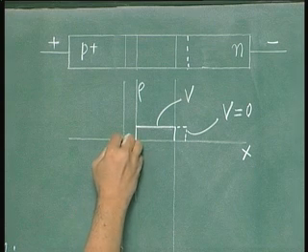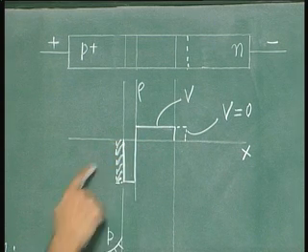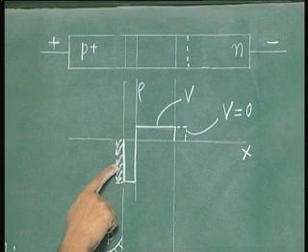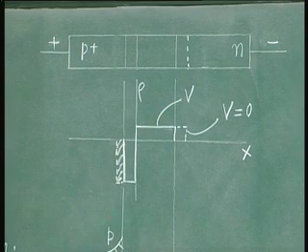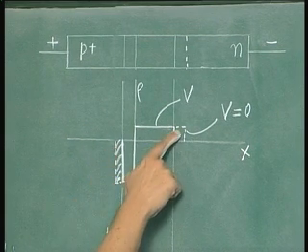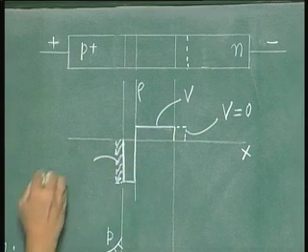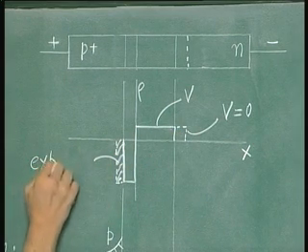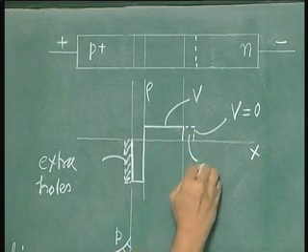So this area represents the extra holes which have come in at the forward bias voltage V as compared to the equilibrium condition, and obviously this area is equal to this area, and this represents the extra electrons. So these are extra electrons.